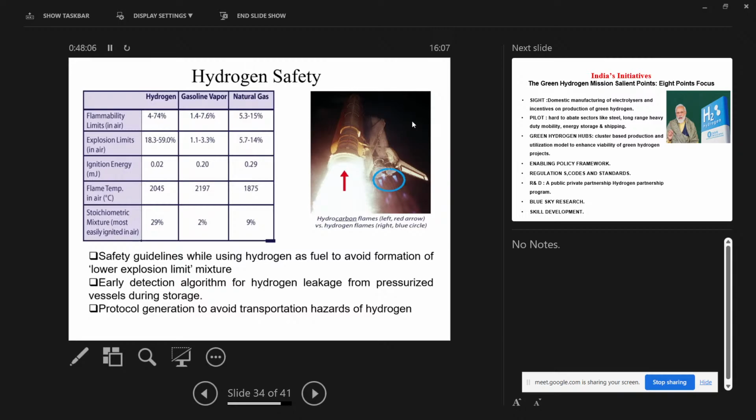But when hydrogen is burned, it comes with a blue color. So you see the difference between these two flames.